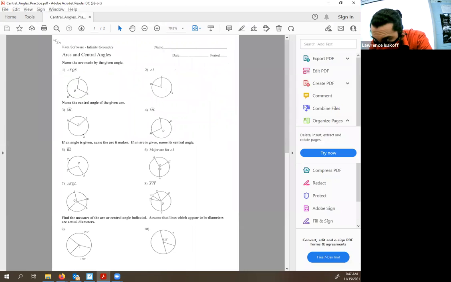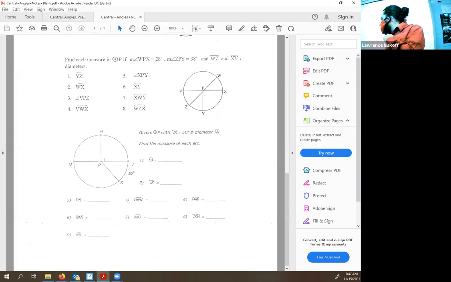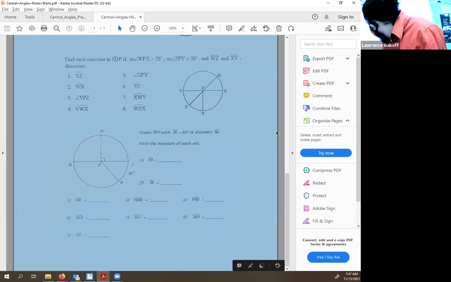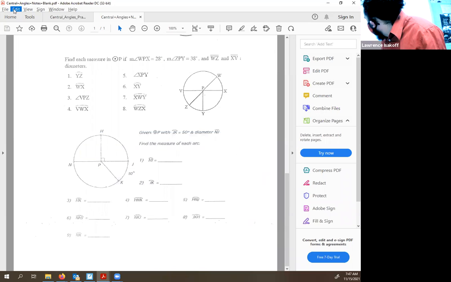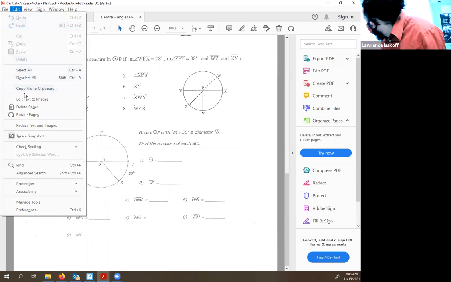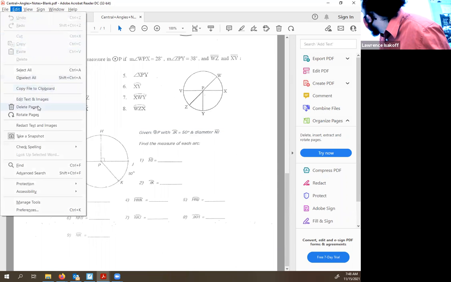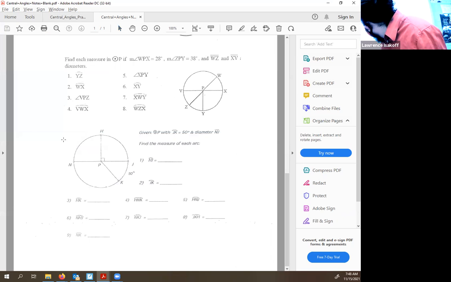Okay, let me just quickly snip this out and add that to the bottom of the page. Again, I'm sorry, this is not the most clear to see on the board. Take snapshot, there we are.